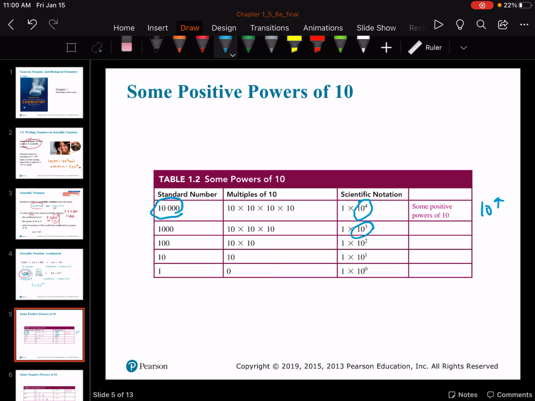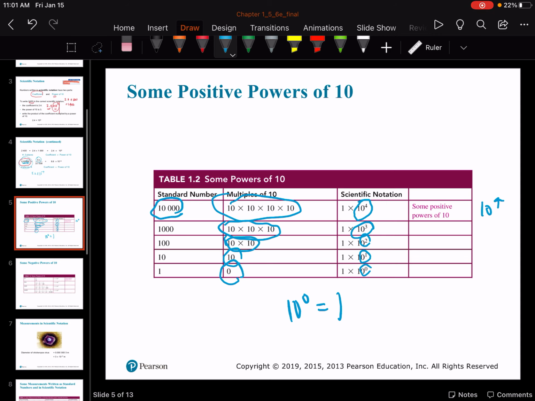Can you see that there are 4 tens here? There are 3 tens. There are 2 tens, 1 times 10 to the 2. There is 1 ten, 1 times 10 to the 1. And there are 0 tens, 1 times 10 to the 0, right? Did you know that 10 to the 0 is equal to 1? That's an important thing to be able to appreciate.